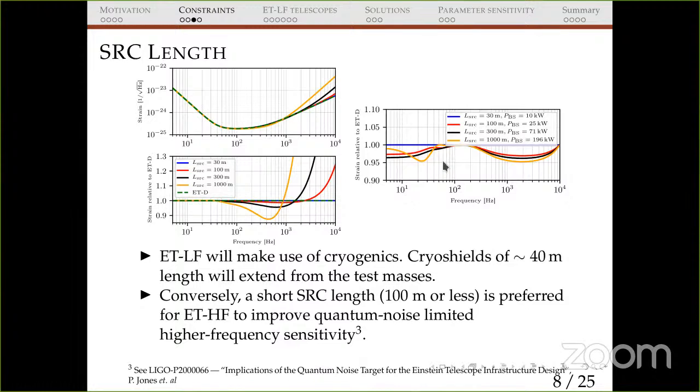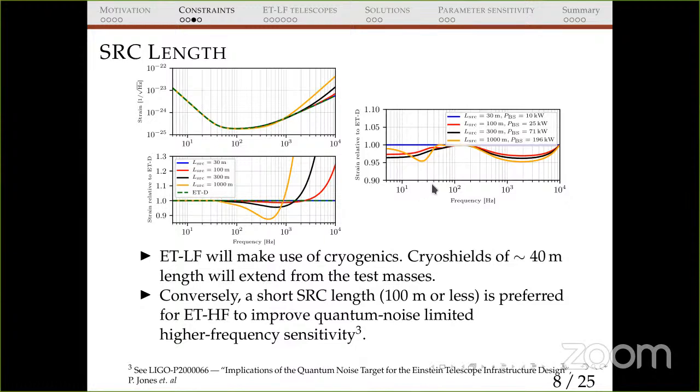The second plot gives the associated correction options for each of these traces, where to correct for these degradations, the ratio of the SRM to ITM transmissivities has been changed.